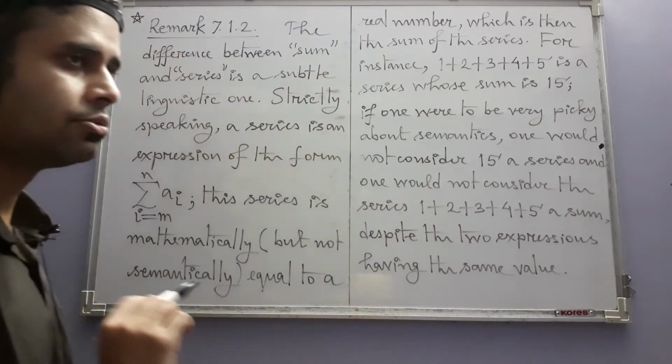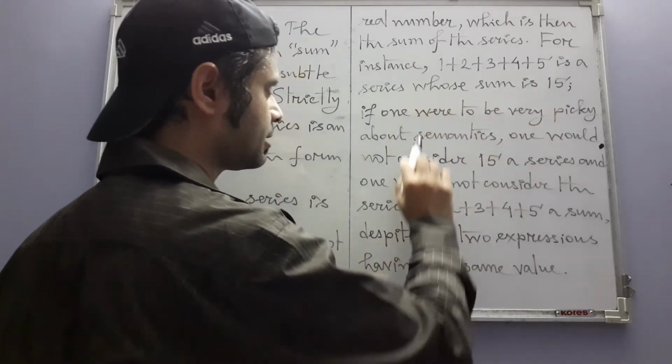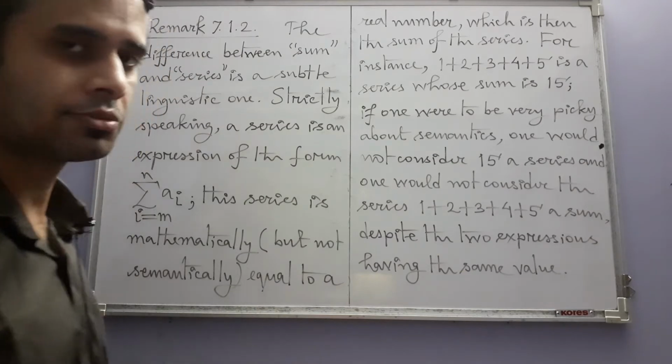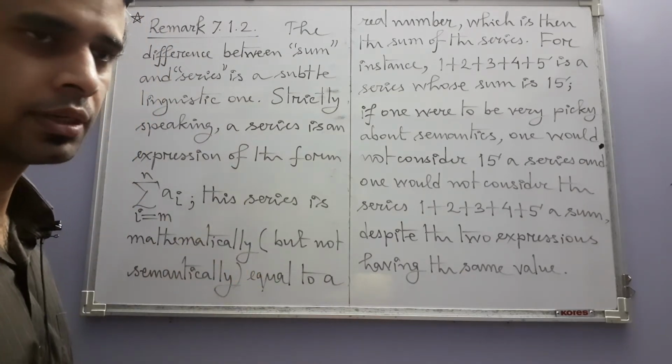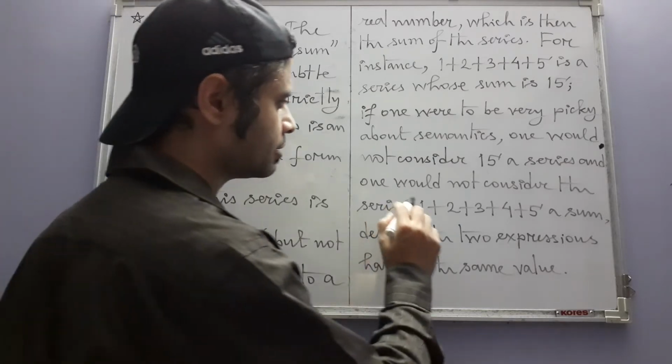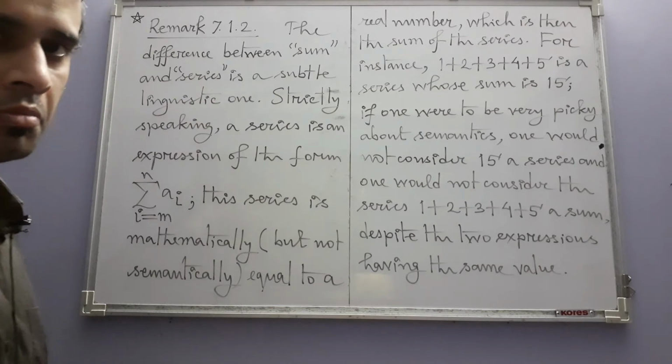This, however, we do all the time, because when I wrote this down, I said the sum of the first 5 positive integers, we treat this as a sum. However, truly speaking, the sum is the real number that we are assigning to this.